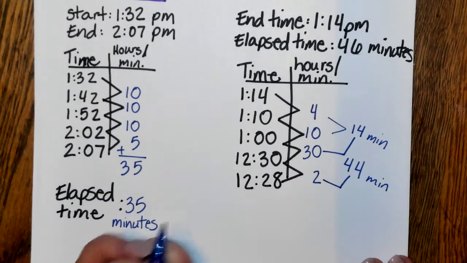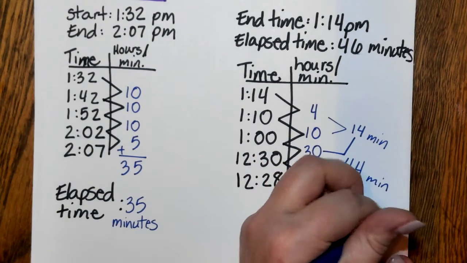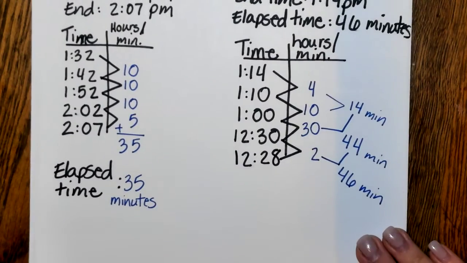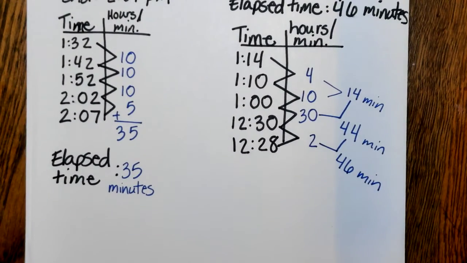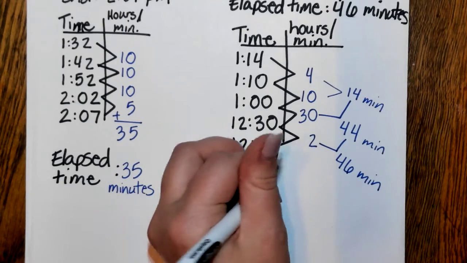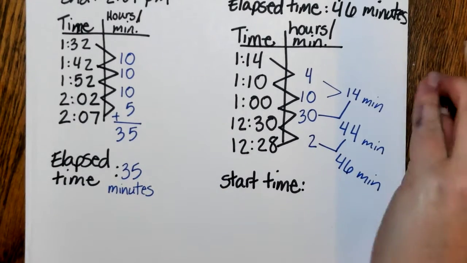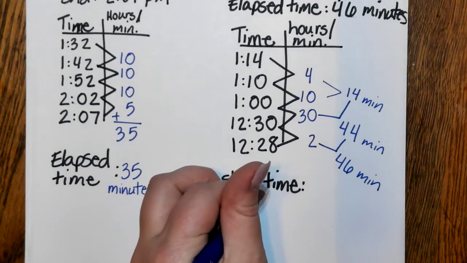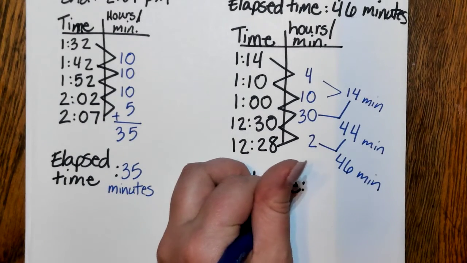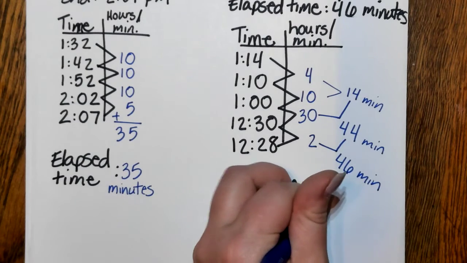And 44 and 2 gives me 46 minutes. So, what was my start time? 12:28 p.m.